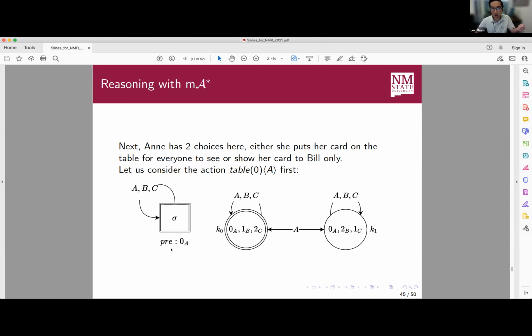Applying the cross product, we obtain the result that not only Bill and Kat know the value of Anna's card, but using this result and the information of the card in their hand, they can conclude that the true world right now is Anna has card 0, Bill has card 1, and Kat has card 2. This leaves Anna as the only person in the room who still does not know the true deal.